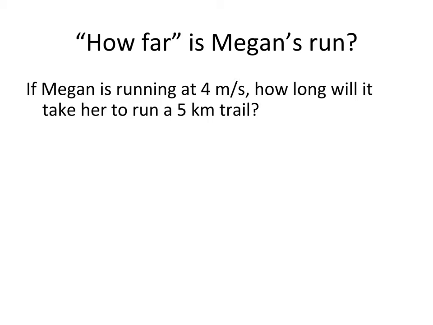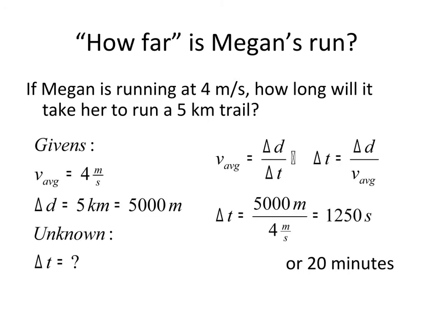How far is Megan's run? If Megan is running at 4 meters per second, how long will it take her to run a 5-kilometer trail? Again, we'll write down the given values. Average speed is 4 meters per second. Distance is 5 kilometers, but we'll convert that to meters, so 5,000 meters. The unknown is the time. We know average speed equals distance over time.